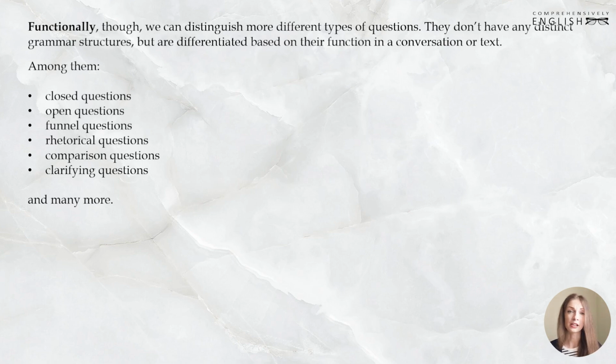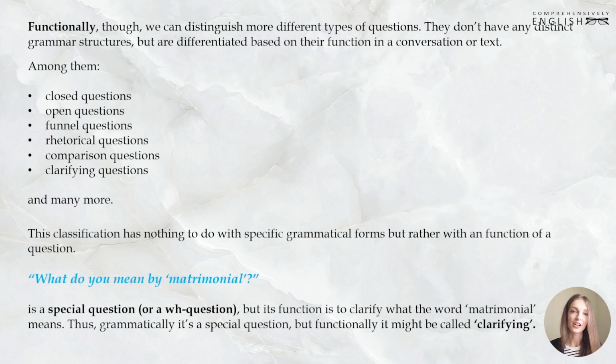And by these names, you see that they are divided into these groups according to their purpose, according to what they do. Clarifying questions clarify information, comparison questions offer a comparison, etc. This classification has nothing to do with specific grammatical forms, but rather with a function of a question. What do you mean by matrimonial?